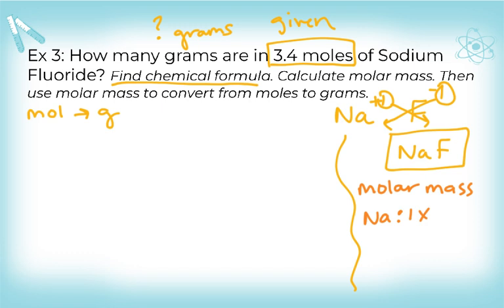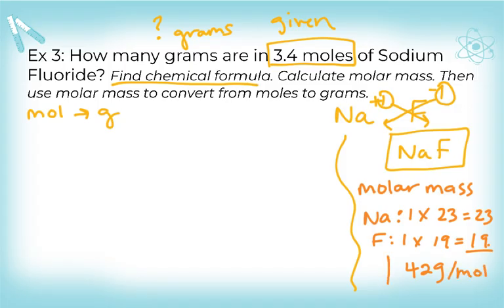Each sodium has a mass of 22.99, which would round to 23. Fluorine, I have 1, and it has a mass of 19. And we can add those up, so we get 42 grams per mole is the molar mass of NaF. So we're going to need to use that in our conversion.